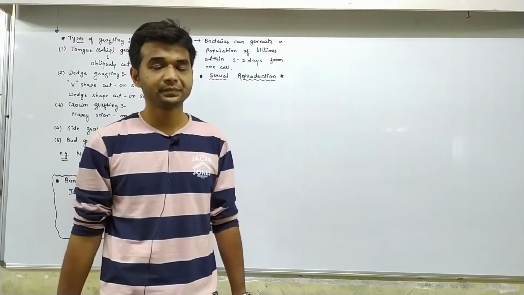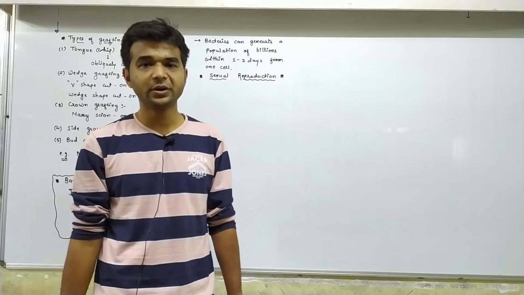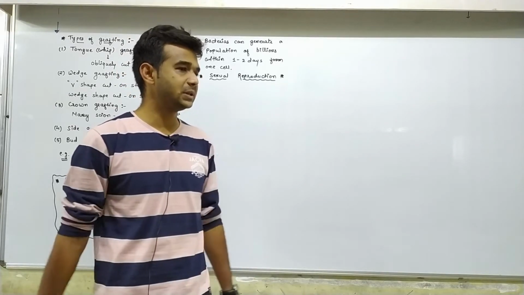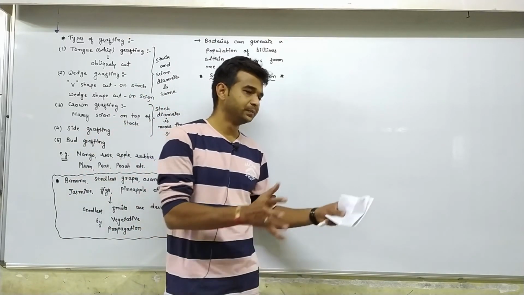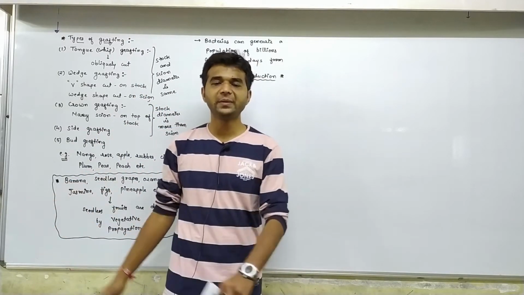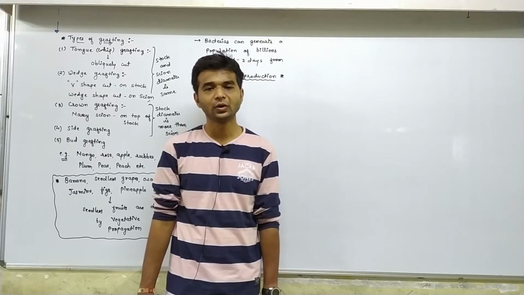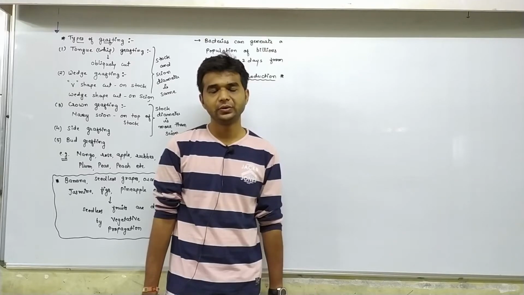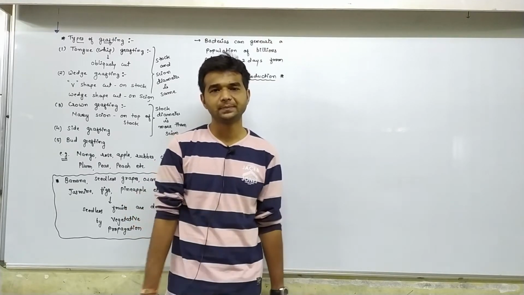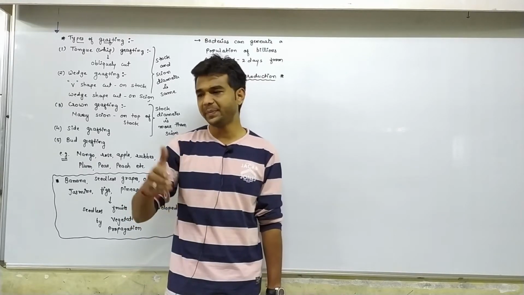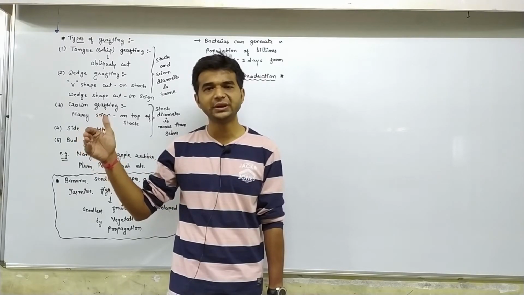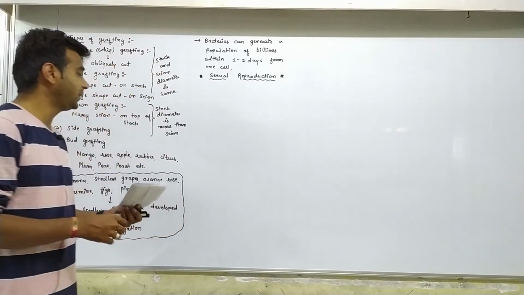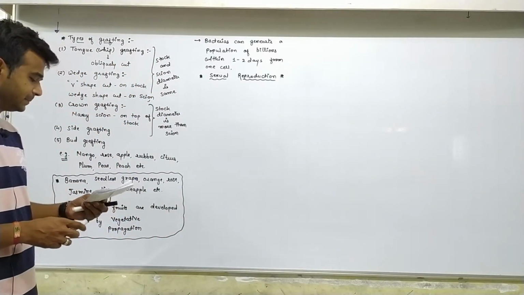In sexual reproduction, in some animals there are two types, oviparous and viviparous. Oviparous means laying eggs, that is spawning, and viviparous animals give birth to young ones. So this is the brief information on sexual reproduction.